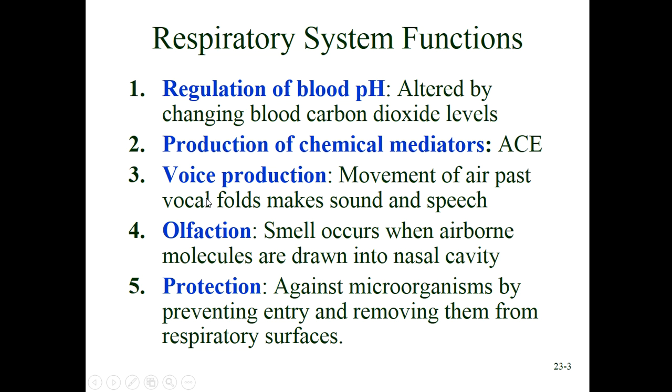So it's the vocal folds that actually make sound and speech. You might remember we had looked at that video of Steven Tyler from Aerosmith in the endoscopy showing his vocal cords in action. If you missed it, you could go to our Blackboard page right now, and in the Chapter 23 lecture folder, there's a video at the bottom called National Geographic, The Amazing Human Machine, I think it's called.